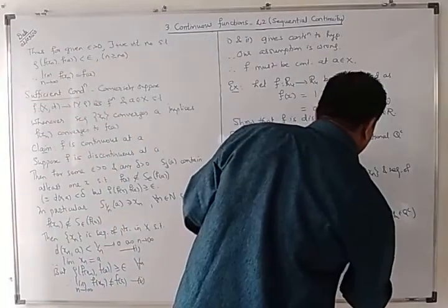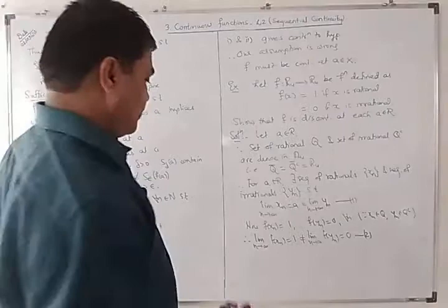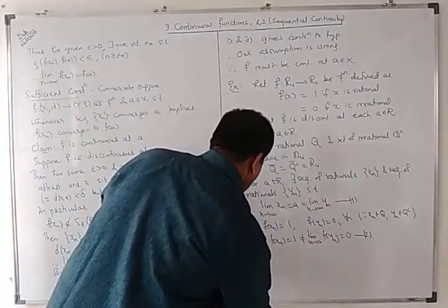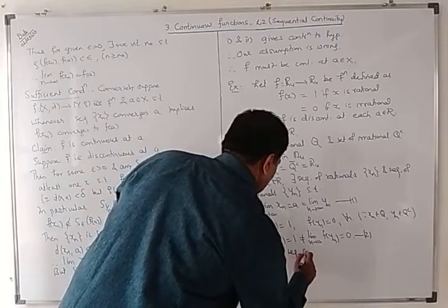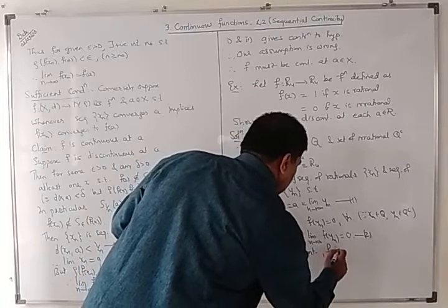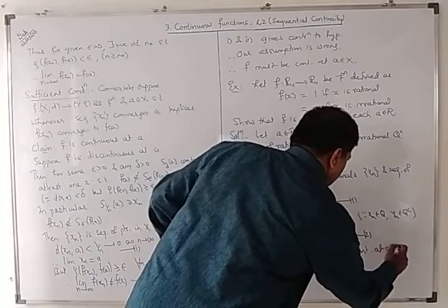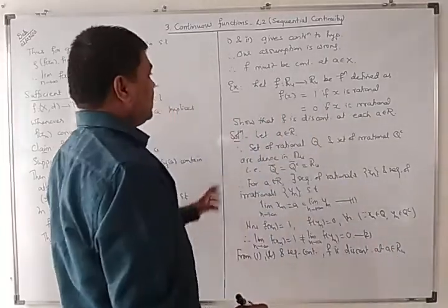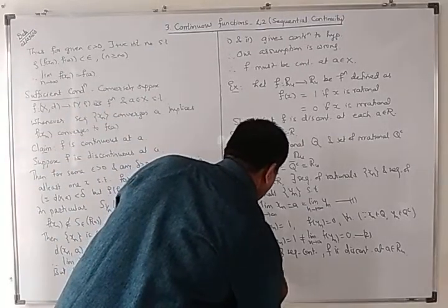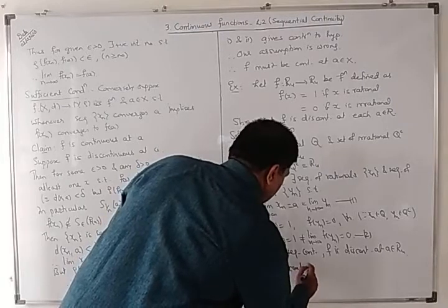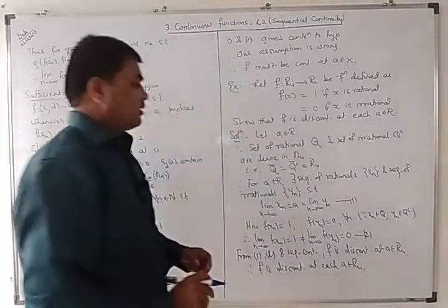From (1) and (2) and the sufficient condition for continuous function, from (1), (2) and sequential continuity, f is discontinuous at a, where a is arbitrary. And therefore, f is discontinuous at each a belongs to R, since a is arbitrary.